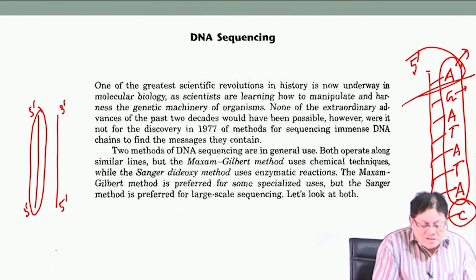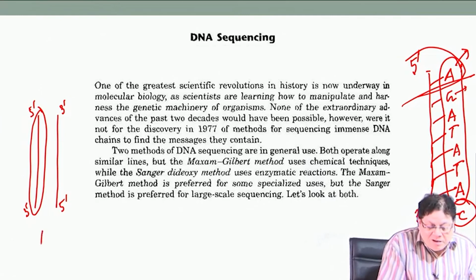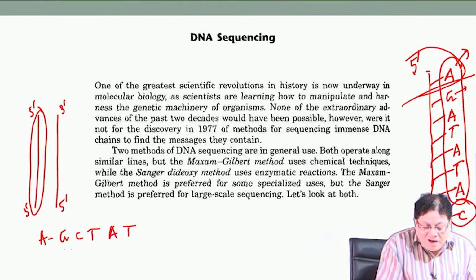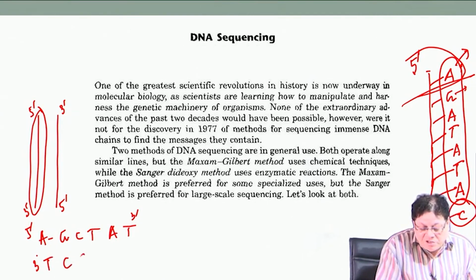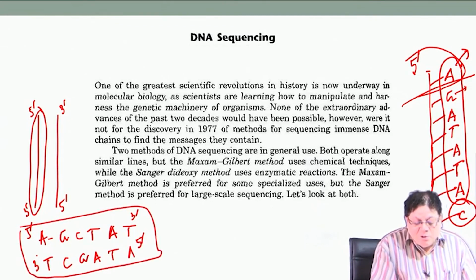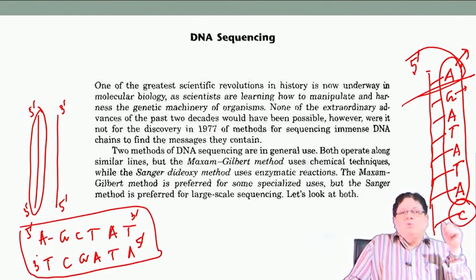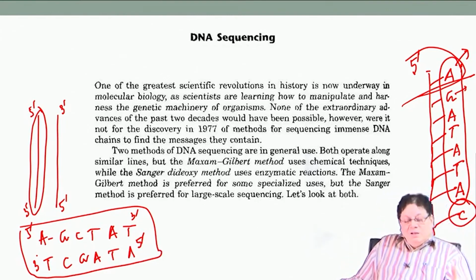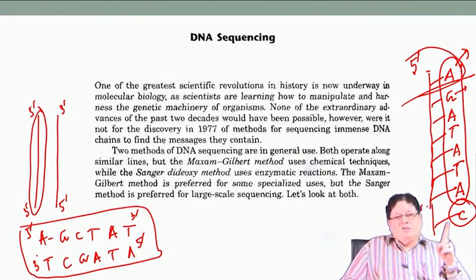Suppose 5 prime to 3 prime is A, G, C, T, A, T, and I ask you to write the complementary strand, you can immediately write 3 prime T, C, G, A, T, A. So, that will be the other strand. You do not need to know the sequence of both the strands, just one strand. So, the initial thing that you must do is to isolate only one strand.